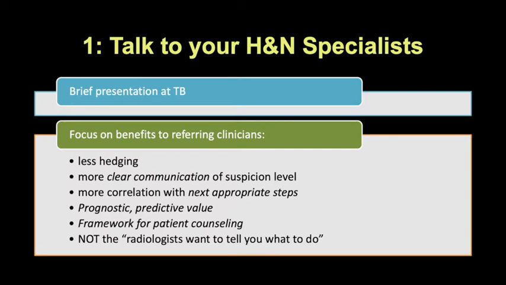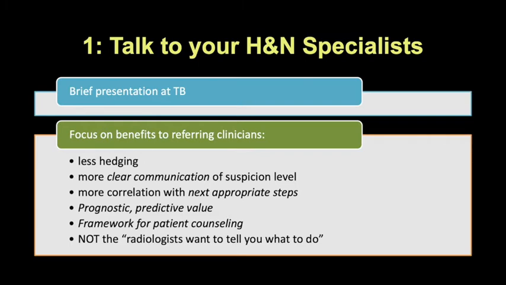So the first step is talking to your head and neck specialist. Most of you accomplished this with a brief presentation at Tumor Board focusing on the benefits to the referring clinicians. So it's trying to think of what they may find helpful, including less hedging, more clear communication of a suspicion level that more easily maps to them what the next appropriate step in management should be.